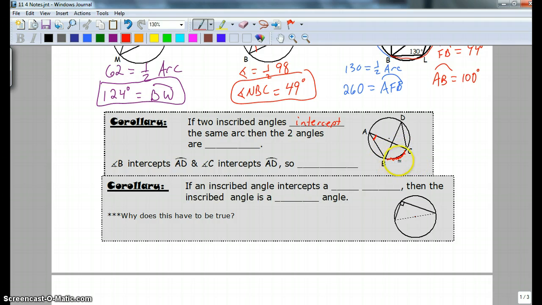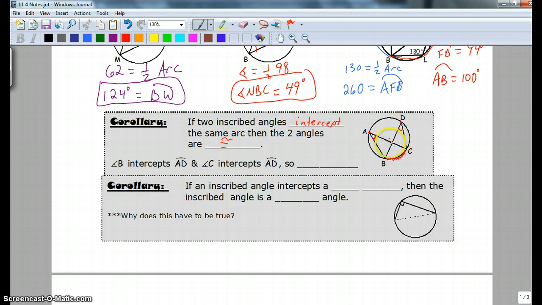Is there another angle that intercepts the same arc? Well, if you follow these rays back, it goes back to angle D. Since they're both inscribed angles, the vertex is on the circle and they intercept the same arc, angle A is congruent to angle D. Angle A is congruent to angle D because they intercept the same arc.